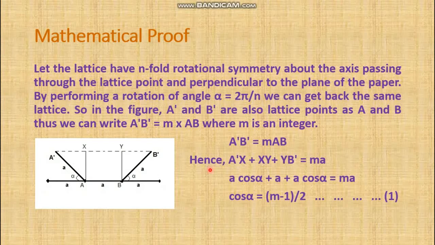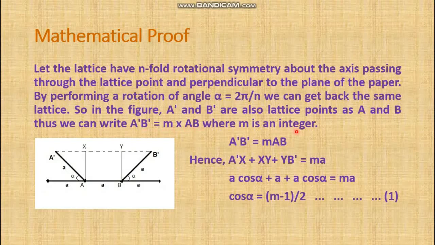Yes. So in the figure, A dash and B dash are the lattice points as A and B. This point is A, this point is B, and the operational points are A dash and B dash. Thus we can write A dash B dash must be equal to M into AB, where M is an integer.